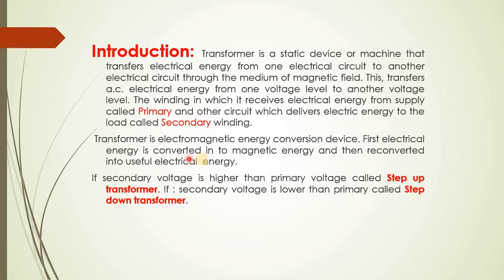First, electrical energy is converted into magnetic energy, and then it is reconverted into useful electrical energy. If the secondary voltage is higher than the primary voltage, it is called a step-up transformer, and if the secondary voltage is lower than the primary voltage, it is called a step-down transformer.